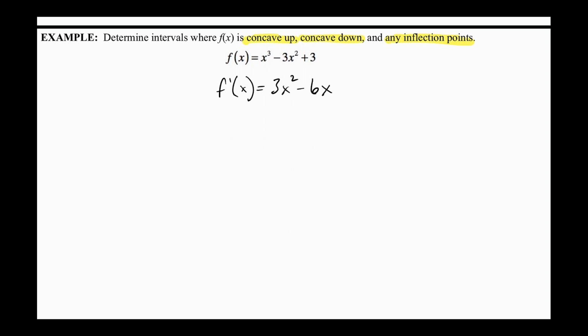Second derivative, find the derivative of the first derivative: 6x minus 6. Okay. Now the first thing we need to do is find the critical values. The critical values will tell us where it switches from concave up to concave down, or vice versa. So to do that, we're going to set it equal to 0. We've done this before, except with first derivative tests.